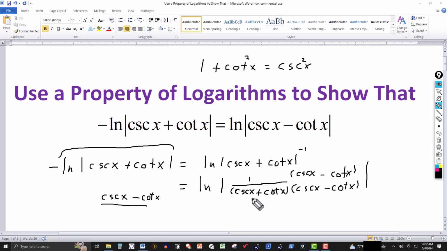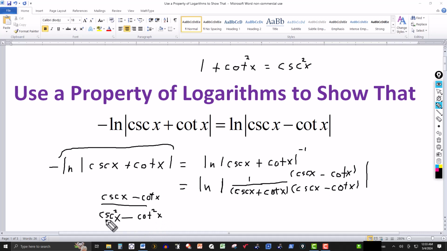So notice it's the same two terms except opposite signs here. So that's like a plus b times a minus b. When you multiply the sum and the difference of the same two terms, it just gives you the difference of the squares. So a plus b times a minus b is a squared minus b squared. So here, when I multiply this out, this will just give me cosecant squared x minus cotangent squared of x.